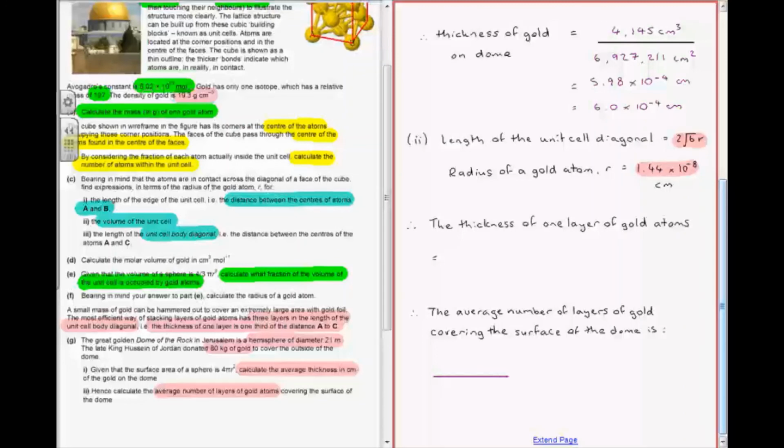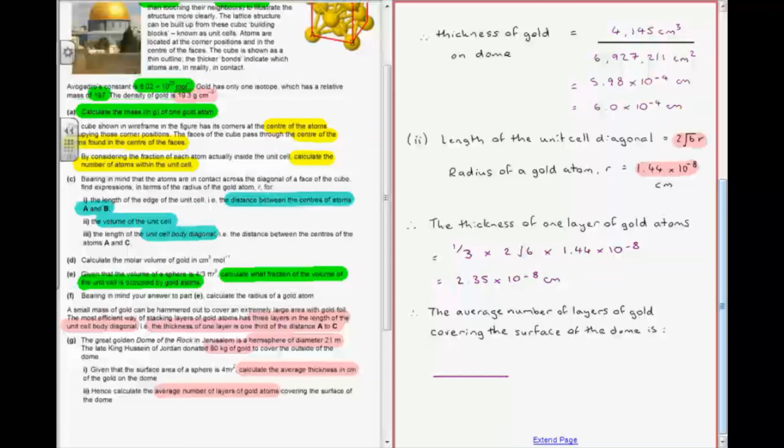Therefore, if the thickness of one layer of gold atoms is 1/3 of the length of the unit cell diagonal, the thickness of one layer is equal to 1/3 times 2√6 times r of 1.44 times 10 to the minus 8. And if we do that calculation, we find that the thickness of one layer of gold atoms is 2.35 times 10 to the minus 8 centimeters.